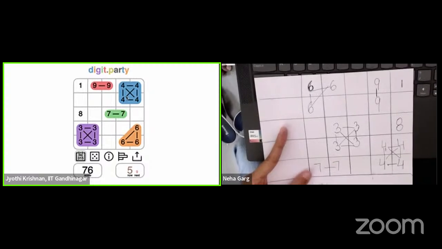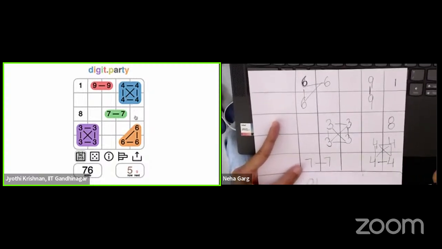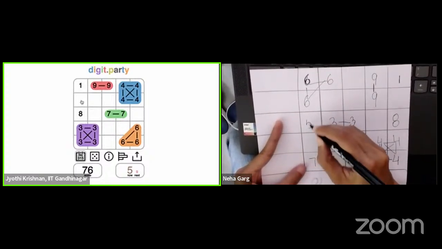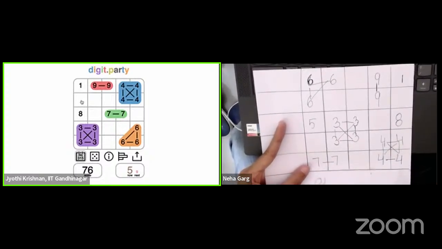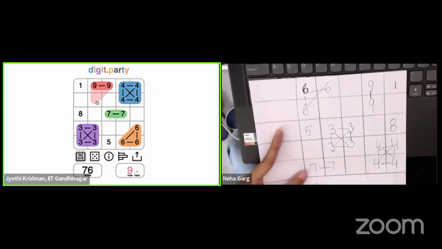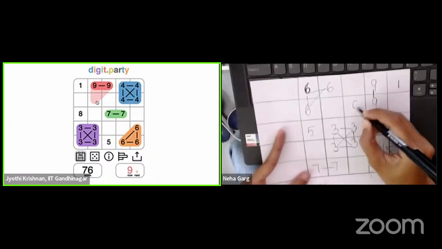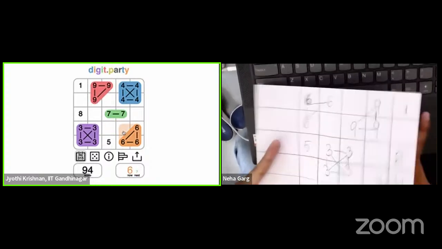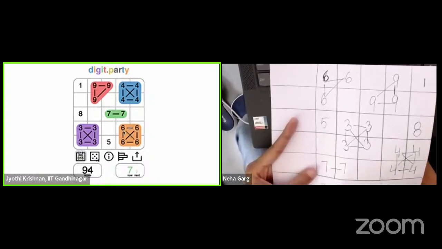And now there's a 5 and a 9. Okay, the 5 I don't really know what to do with. I think I'm just going to put it here. Or maybe I'm going to put it here. The 9, I know what I want to do. 6 is looking good.